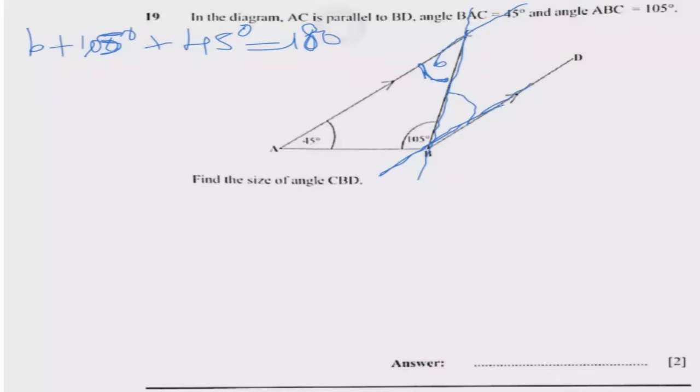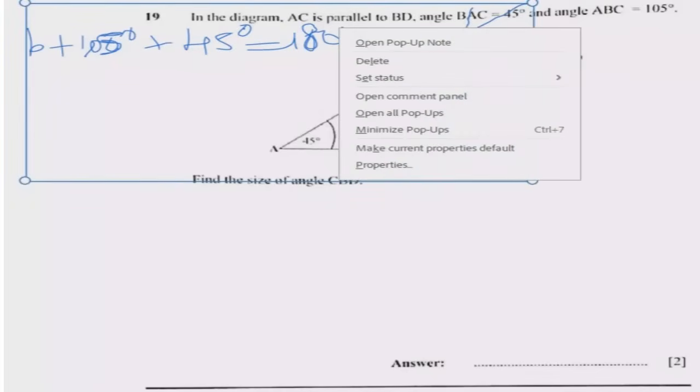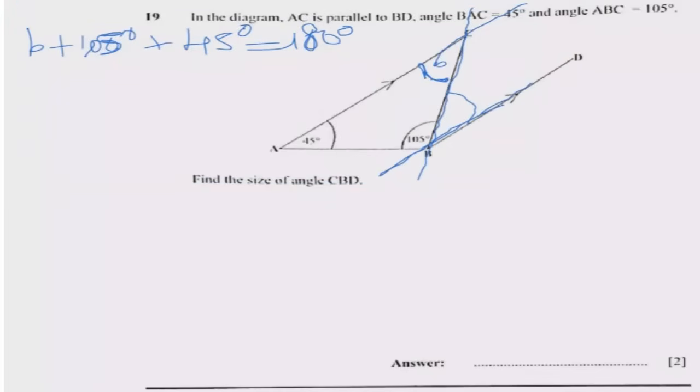Okay, so what we do now is we evaluate this, which gives B plus 150 degrees, which should be equal to 180 degrees. So this is 150 degrees, not 158, 150 degrees. Then we find the value of B by taking 150 to the other side.